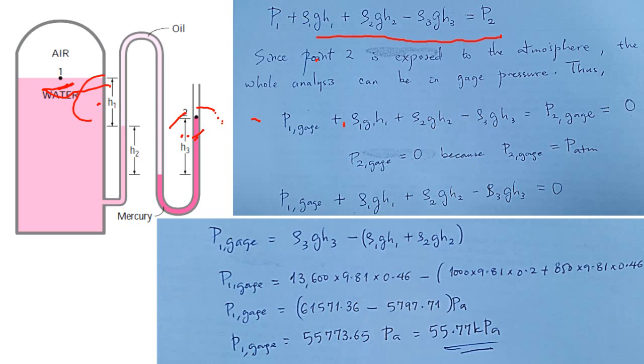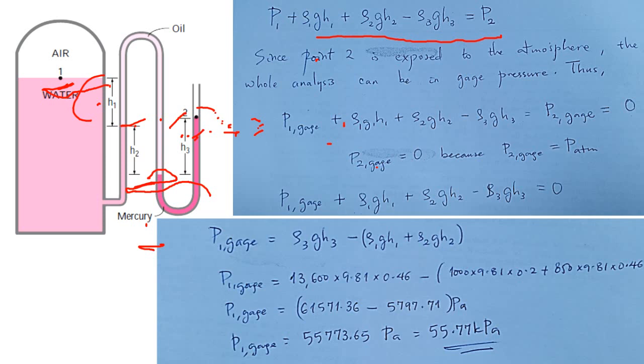And when we continue to the next point, we still have a point here which is lower than point 1 here. So we're gonna have plus rho 2 gh2. And the next point, when we go to point 2 here, we actually move up, so we have a drop in the pressure, so that will be minus rho 3 gh3, and that will be equal to the pressure at point 2.